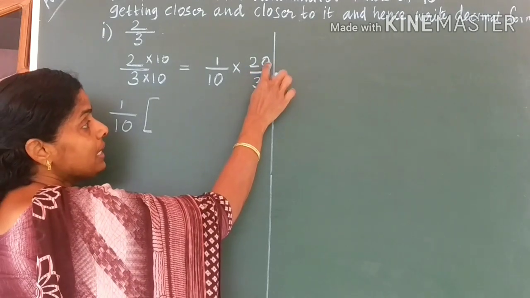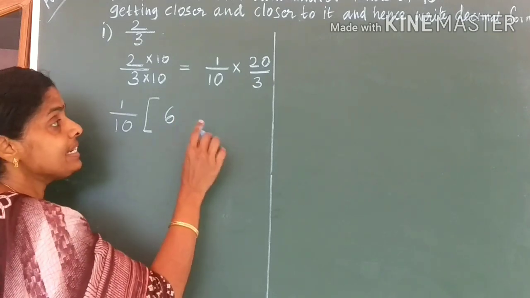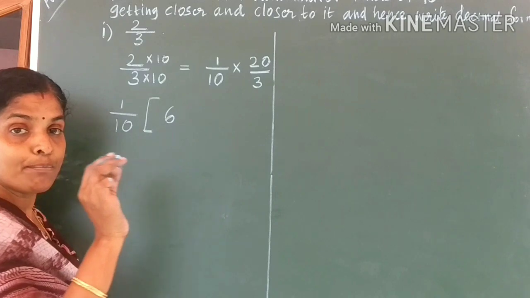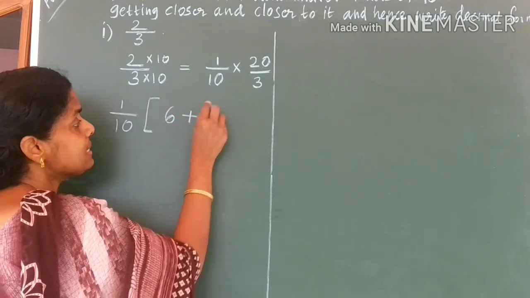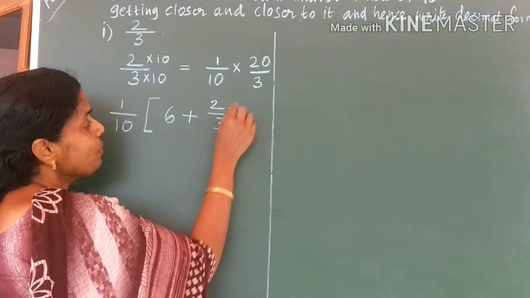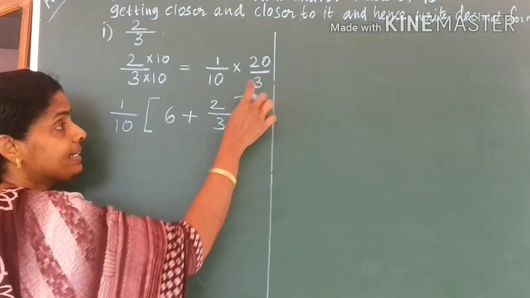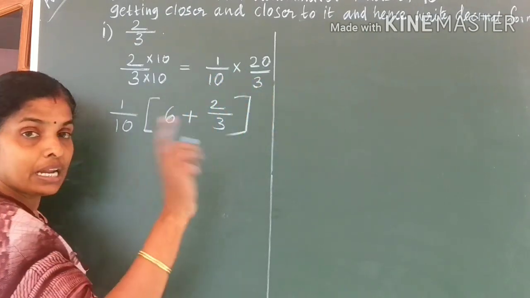So in 20, you know there are 6 threes. So I can write it as 6 threes are 18, balance is 2. So I can write this fraction as 6 plus 2 by 3. Is it clear, children? 20 by 3 is nothing but 6 threes are 18, remainder 2.